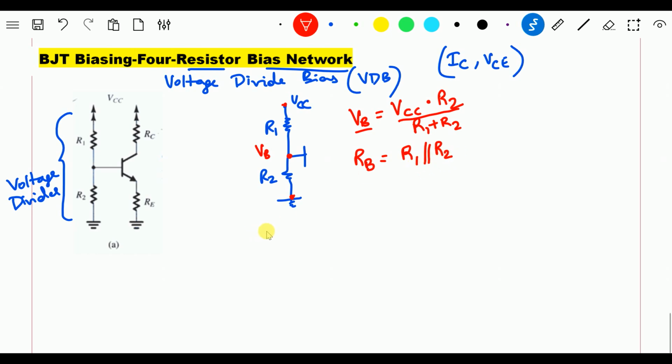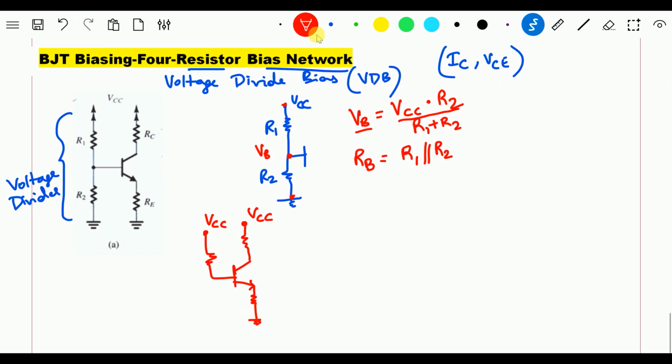Now if I want to draw an equivalent circuit of this, I can draw it this way. You have VCC connected to RB and given to the base, and you have an RC connected to the collector and given to VCC. You have the emitter connected to another resistor and connected to ground.